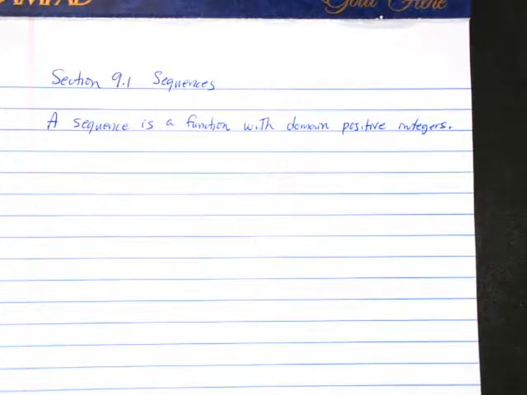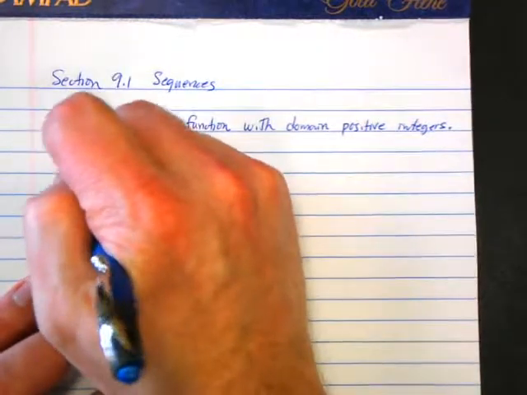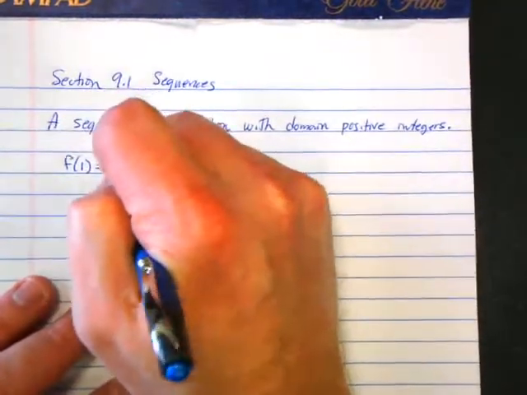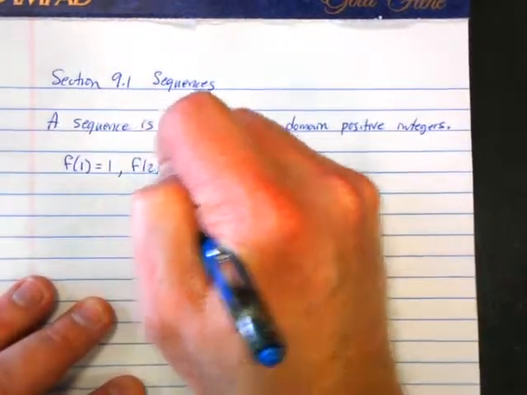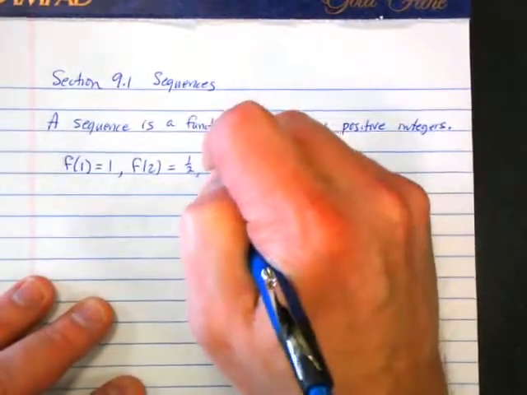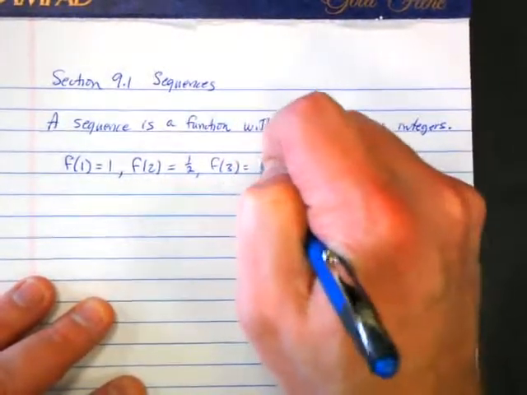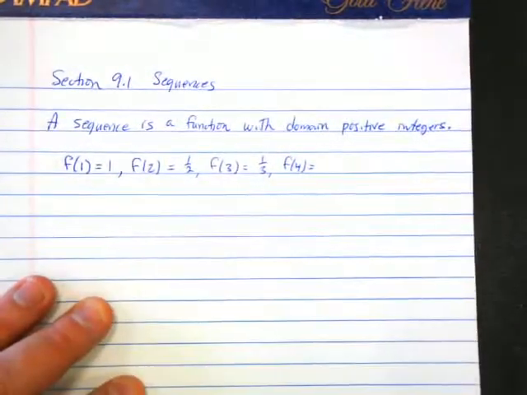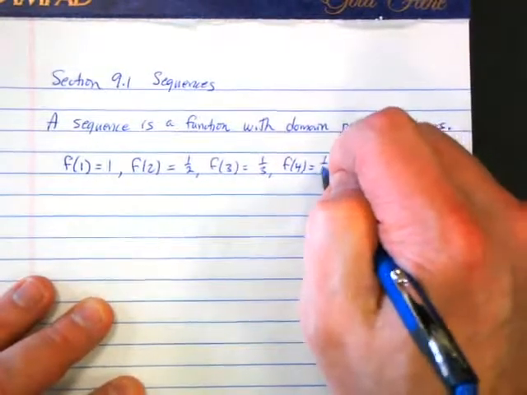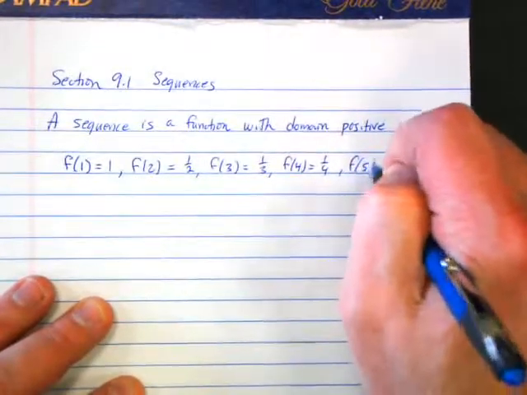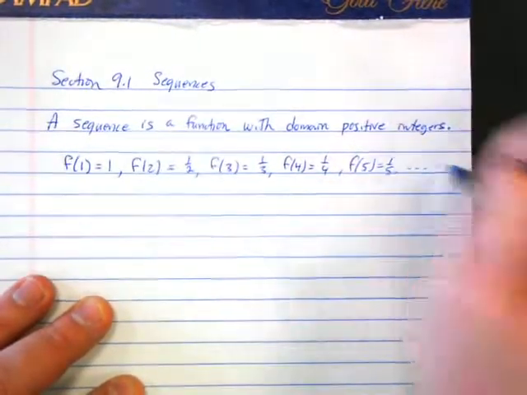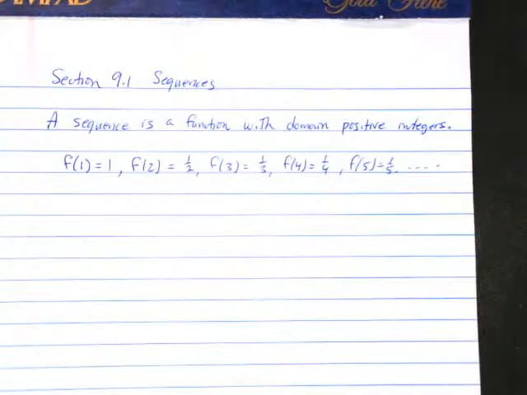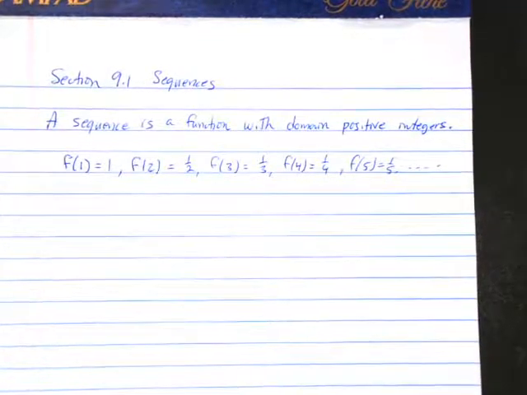So you might see something like f at 1 equals 1, f at 2 equals a half, f of 3 is a third, f of 4 is a fourth, f of 5 is a fifth, and I could go on and on forever, right? That would be a sequence.